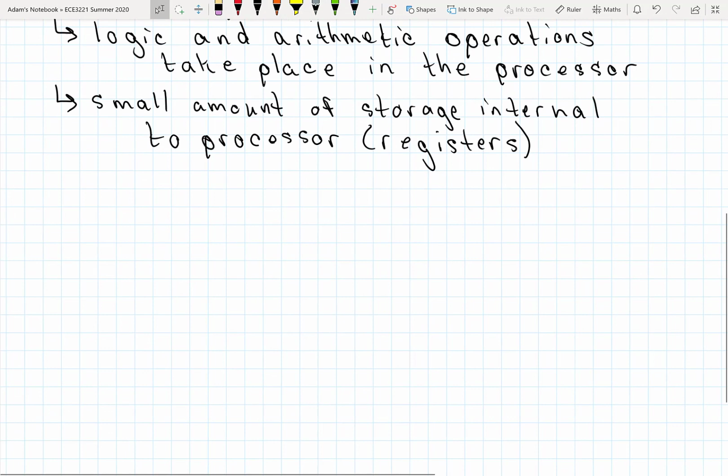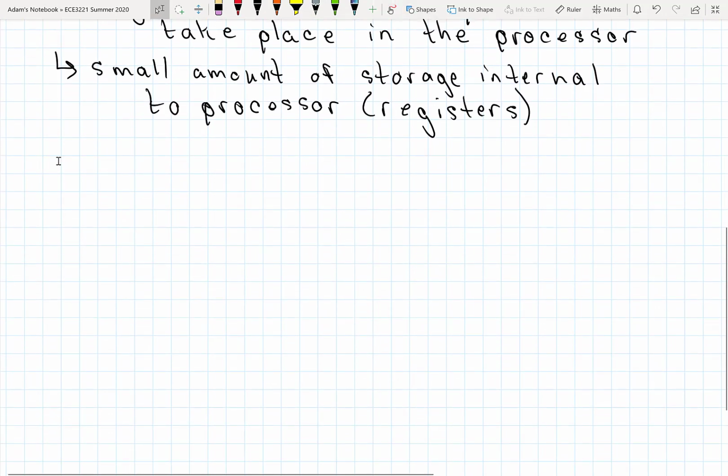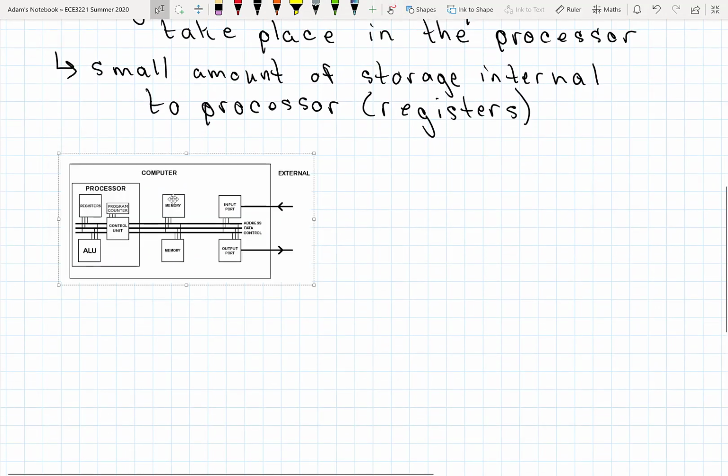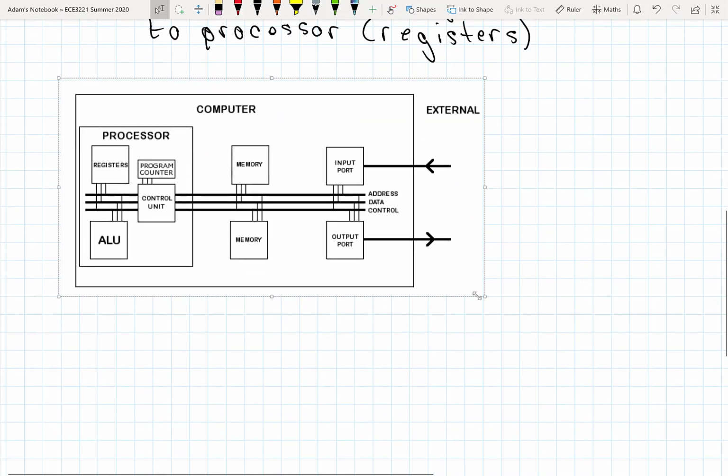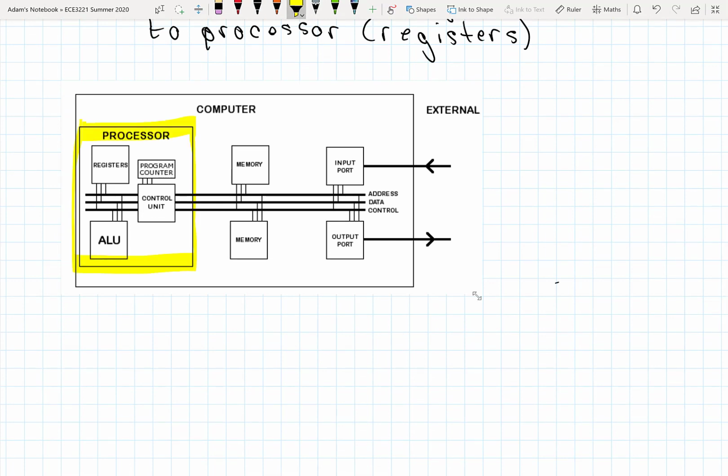Okay, so referring back to the same block diagram that we keep coming back to on multiple occasions, the processor component is the part that's in this block here. Whereas this is your entire computer, or maybe your entire microcontroller.